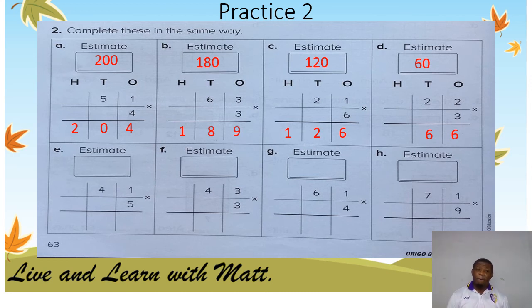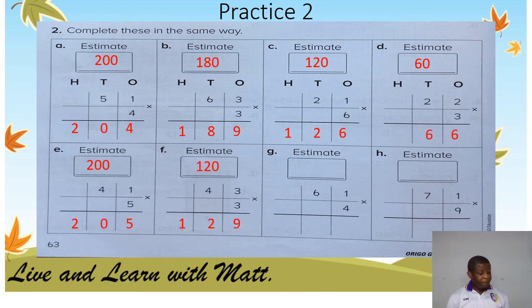Part E. The estimate will be 40 times 5, which is 200. And the exact answer will be 205. Part F. The estimate will be 40 times 3, which is 120. And the exact answer will be 129.